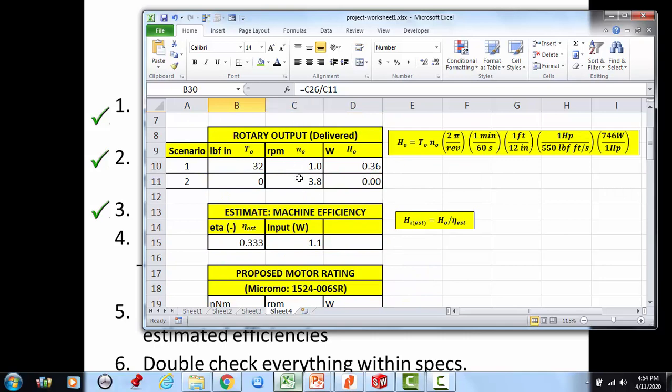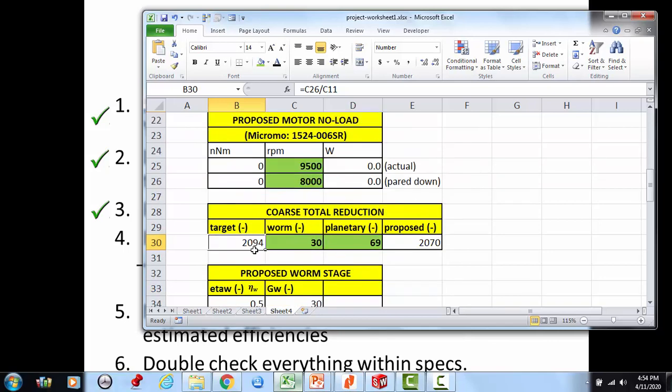So that's going to be that 8,000 divided by the 3.8. So that's roughly 2094 for a total reduction. See, I always say that motors want to run at thousands of RPMs. Okay, so how can I do that?